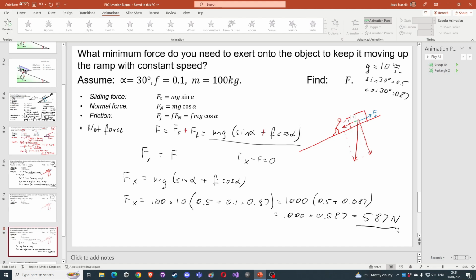And only when you achieve the force of 587 newtons, you will start very slowly, initially with a constant speed, pushing it forward, pushing it up. And of course with a stronger force, this movement will accelerate faster and faster.